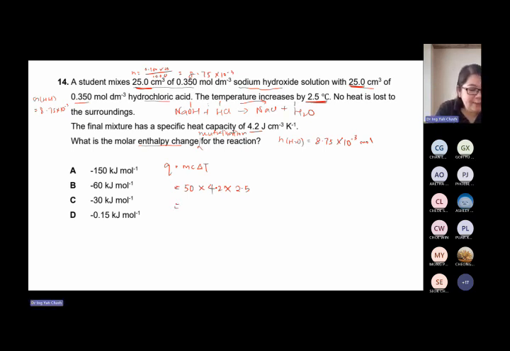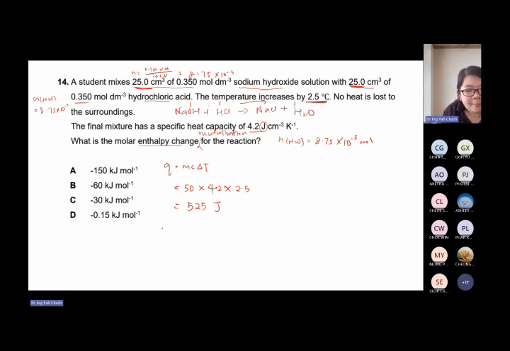Now 50 times 4.2 times 2.5, 525 joule. In this case, it's still in joule, because all the units, see, J here, no other unit for energy. So this is the unit for Q for now.